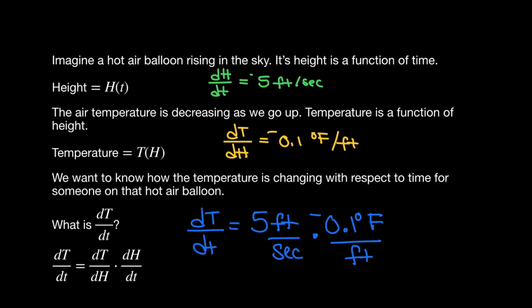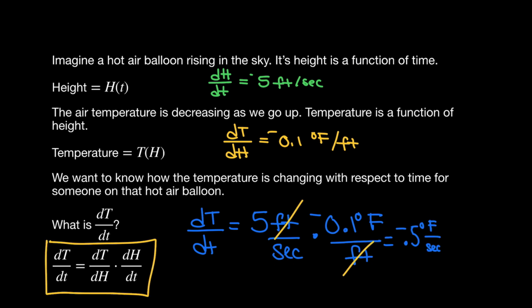Well, if we want to find this derivative, we have to multiply the 5 feet per second, so we're going up at a rate of 5 feet per second, and then as we go up, the temperature is going down by 0.1 degrees Fahrenheit per foot. And so if we multiply those two numbers together, that should give me my rate of change.